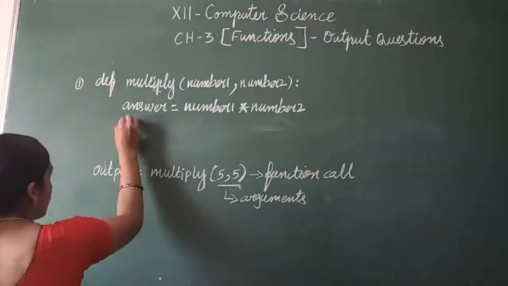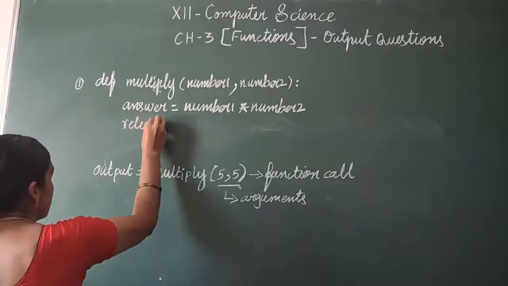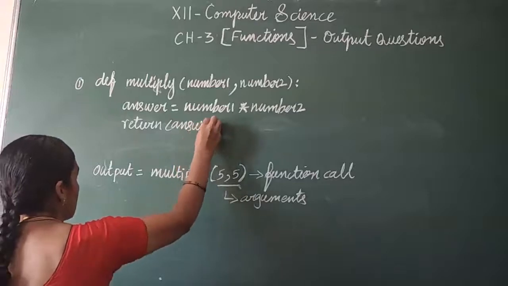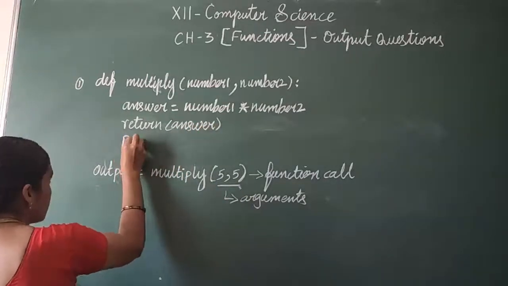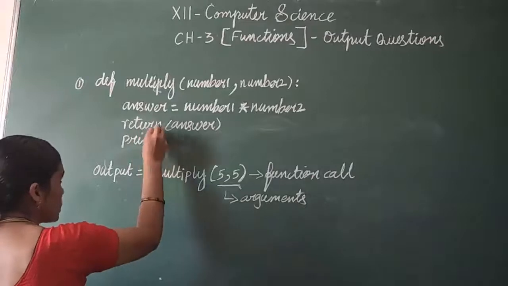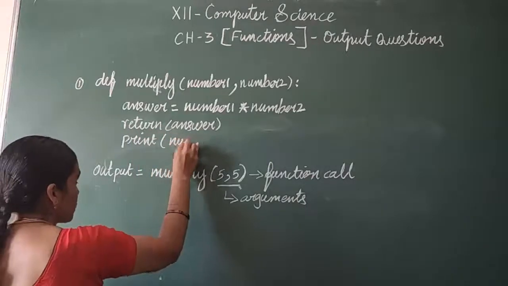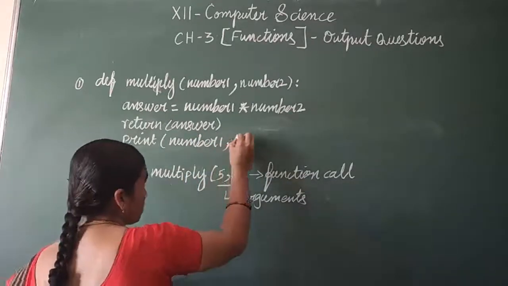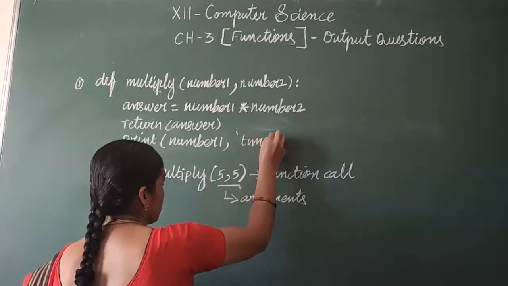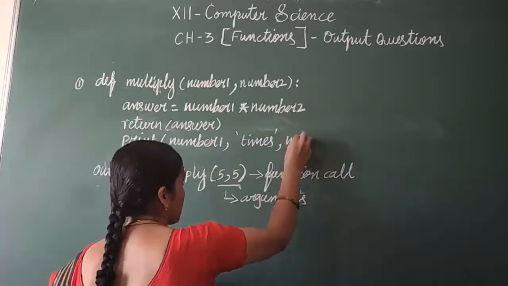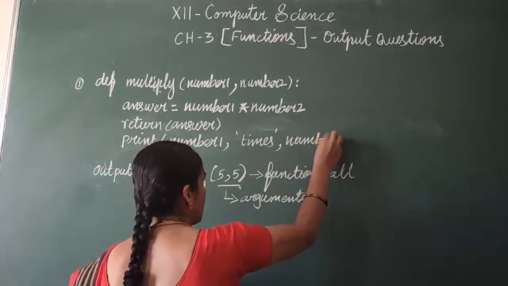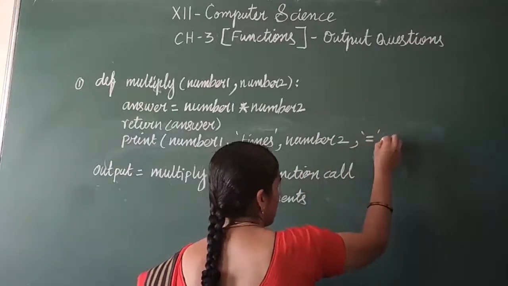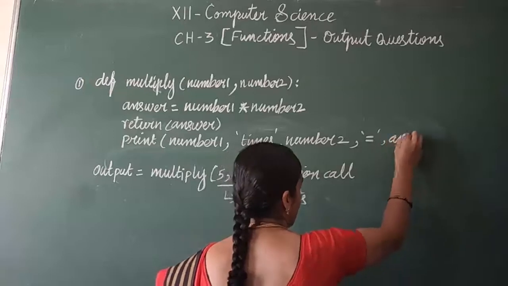Return answer. After that, I am going to use a print statement, that is, number 1 times number 2 is equal to symbol, then answer.